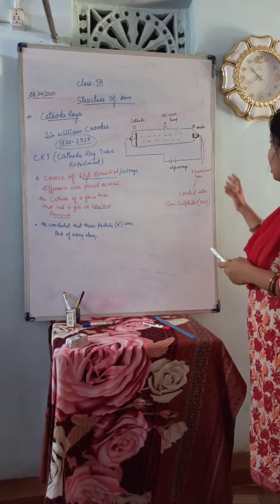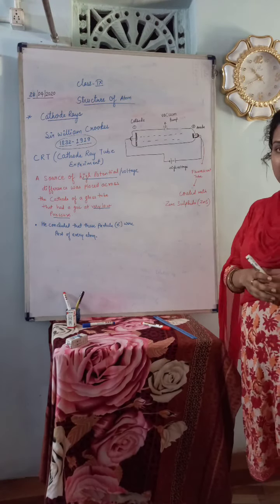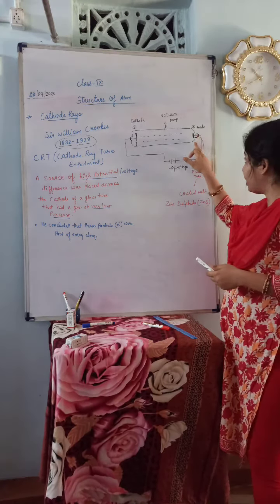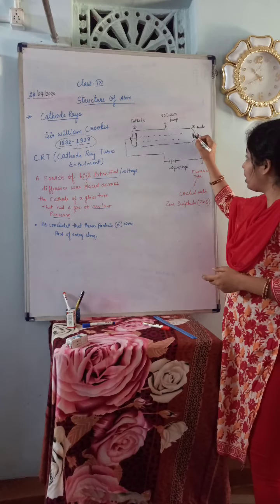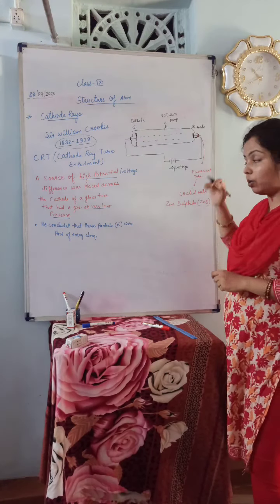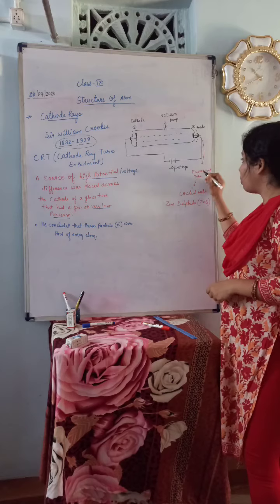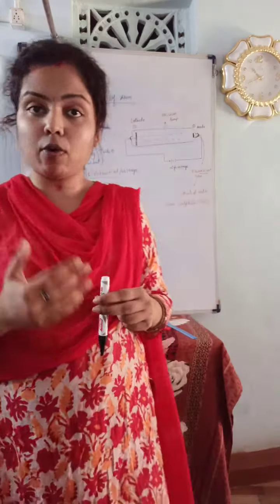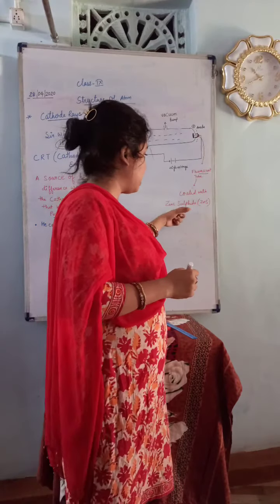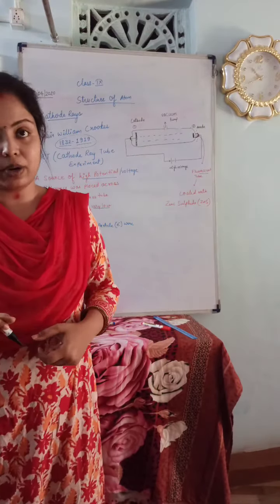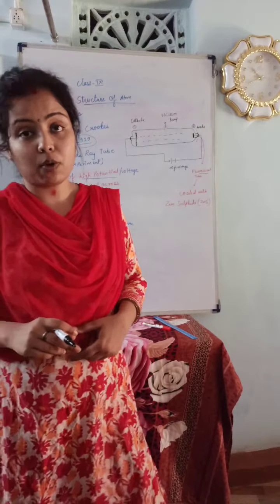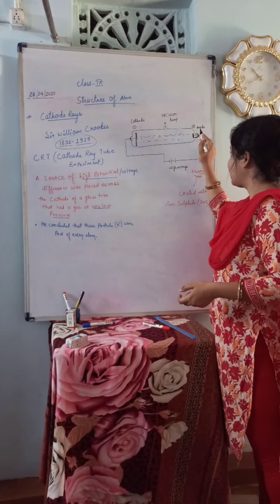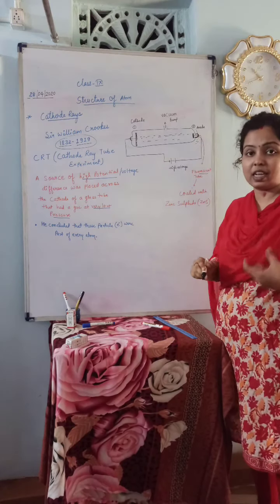He confirmed it by doing a simple experiment. He created a hole in the plate of the anode and coated the area behind the anode with a fluorescent material. That fluorescent material is zinc sulfide. He finds that as the particles strike this fluorescent surface, it glows.